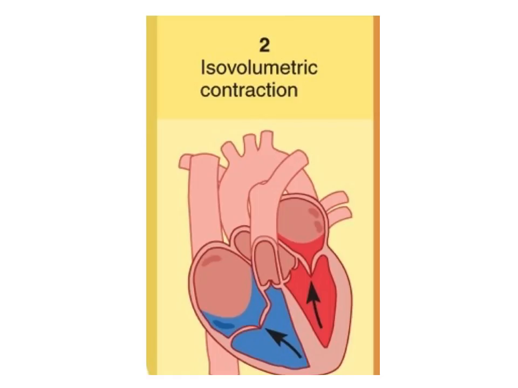Now, there is a lot of information in that name, isovolumetric contraction. Isovolume, which is the first part of the term, means that the volume in your ventricles does not change. Now think about what I just talked about with those valves. We had enough pressure to close the atrioventricular valves.